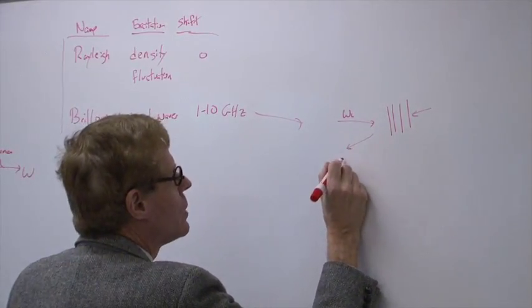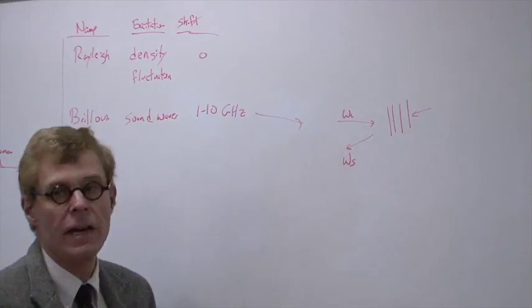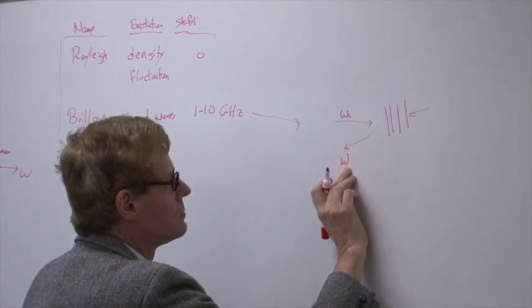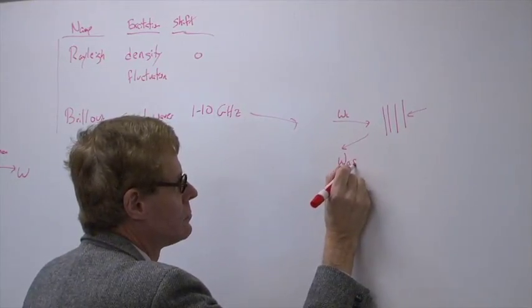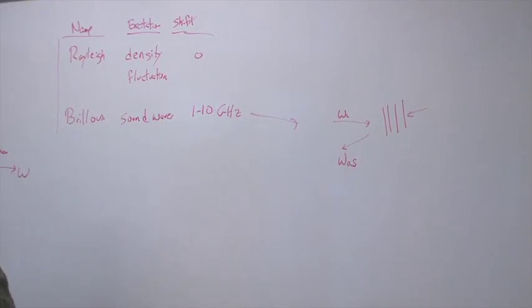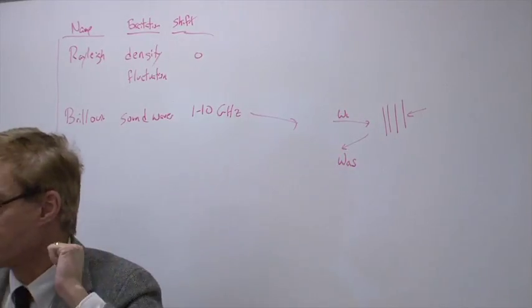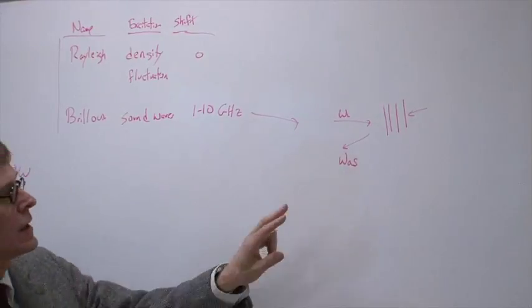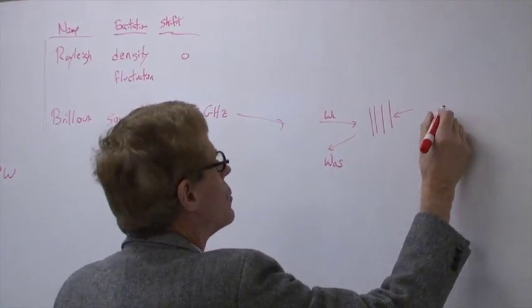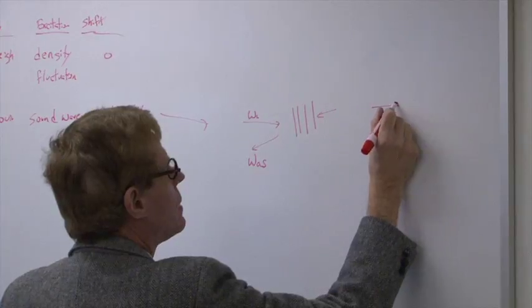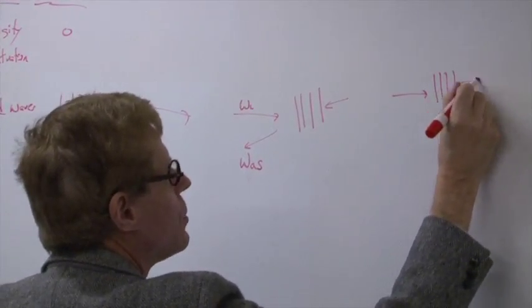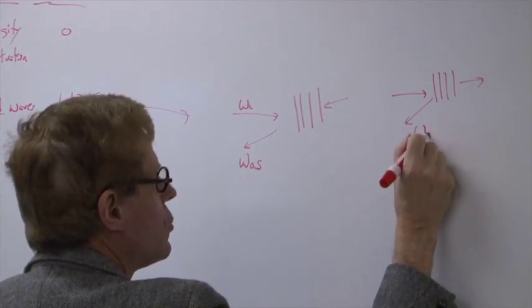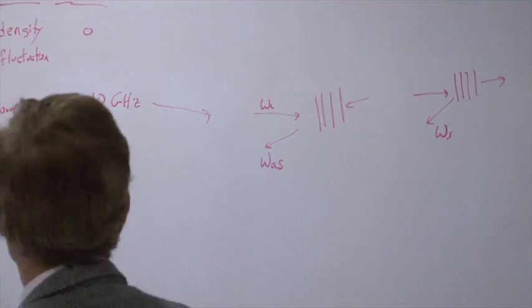So the light will scatter off of this into the anti-Stokes direction. If the sound wave is coming toward the light, the light gets boosted upward in frequency in terms of scattering. So this would be anti-Stokes, and if the sound wave were going in this direction, the scattered light would be shifted downward in frequency and become Stokes light.